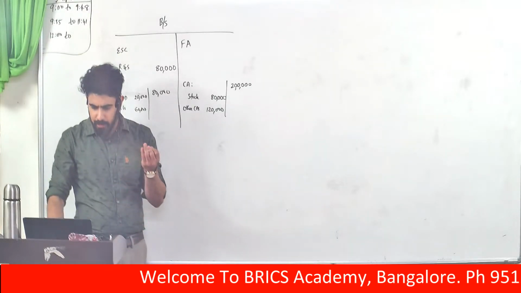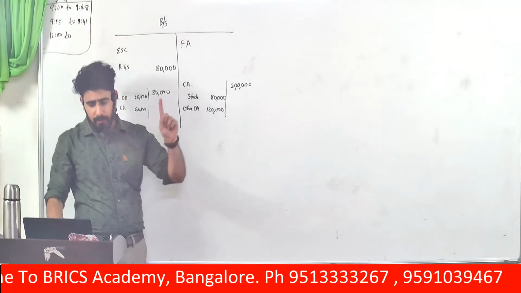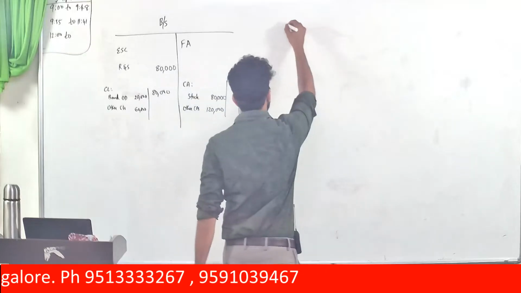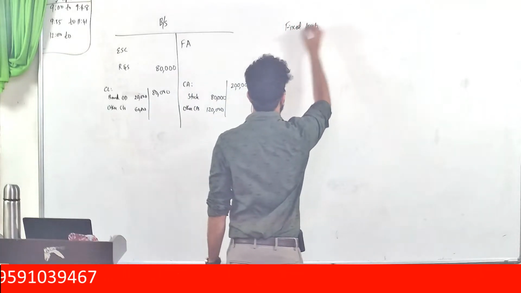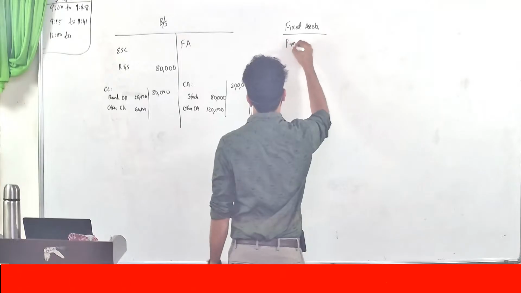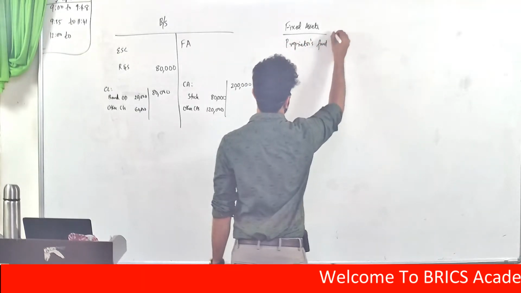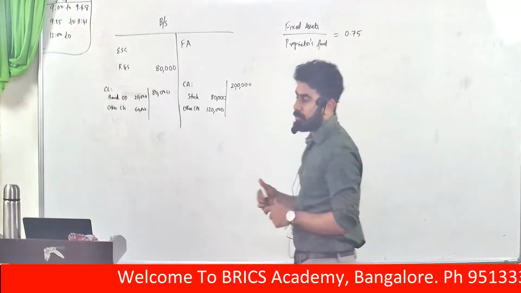Now they have given something more. Liquid ratio. You have used working capital, reserves and surplus, bank OD, fixed asset to current ratio, liquid ratio, everything else. Now only one thing we have left: fixed asset to proprietary ratio, or proprietors fund ratio. Proprietors fund is equal to 0.75.